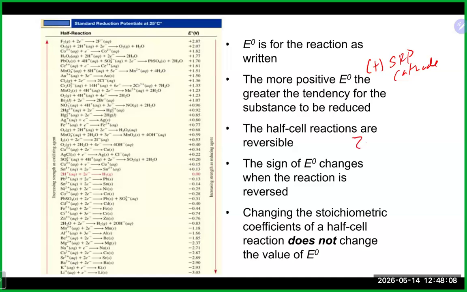You know, we had zinc or something, and it was negative 0.76 volts, but like I need to multiply this by 2 to balance out the electrons. This does not get multiplied by 2, so it stays the same. So it doesn't matter what you're multiplying by to balance out the equation. It will not have an effect on the E value. Any questions on that there?